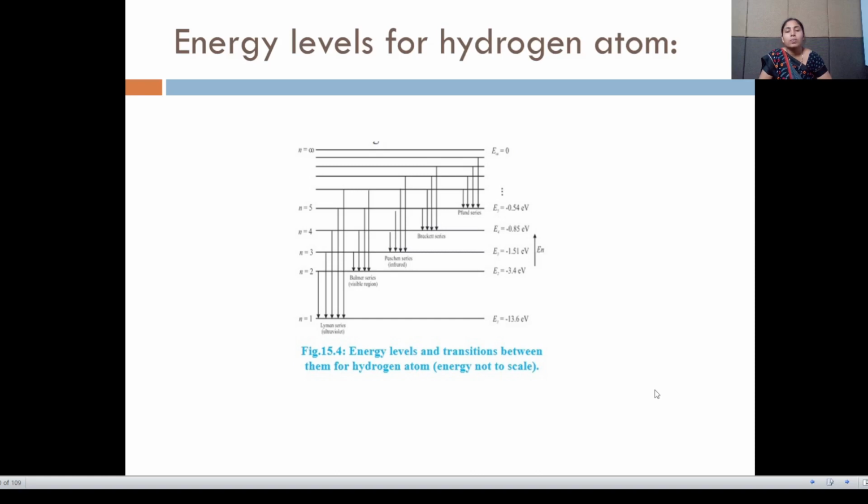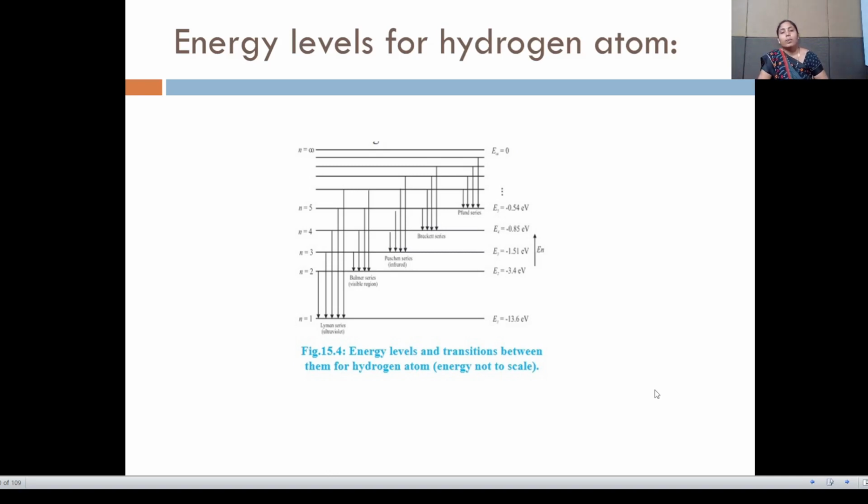So E1 is equal to minus 13.6 electron volt, E2 is equal to minus 3.4 electron volt, E3 is equal to minus 1.51 electron volt, and E4 is equal to minus 0.85 electron volt. E5 is equal to minus 0.54 electron volt. By putting n is equal to 1, 2, 3, 4, 5, we will get the different energy levels and transitions between them for the hydrogen atom.